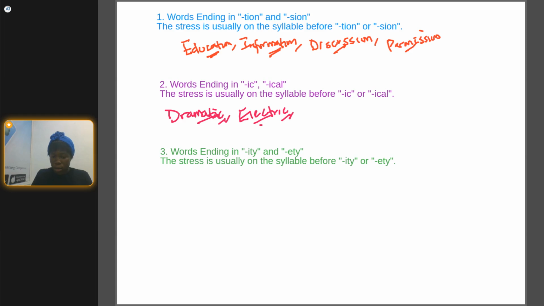So let's try to get examples. We have words like activity, variety. Let's take one more example: probability.